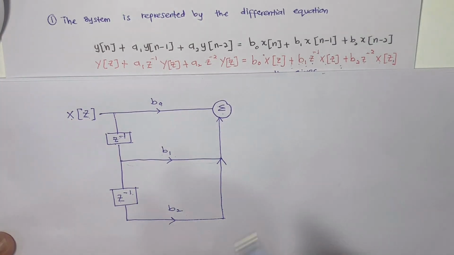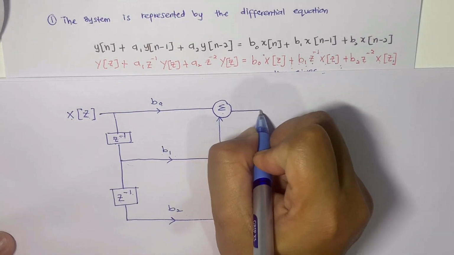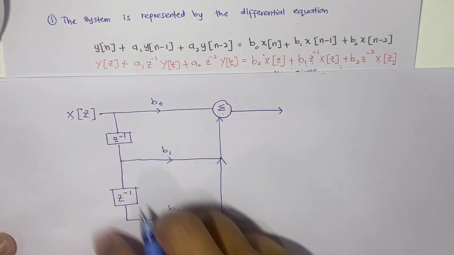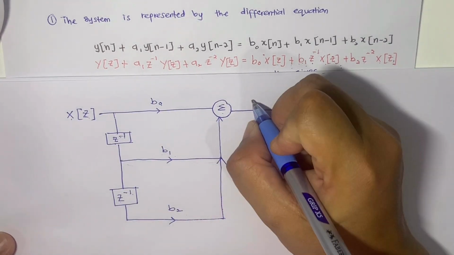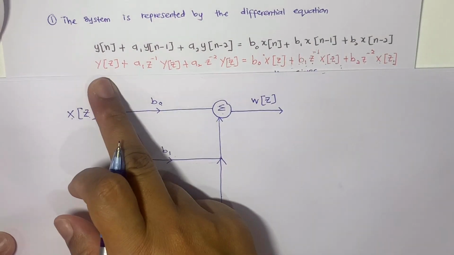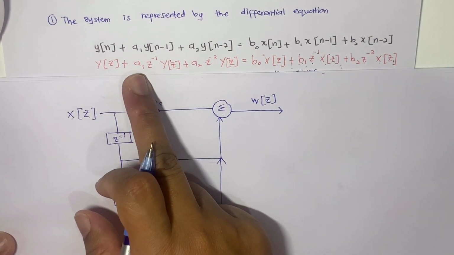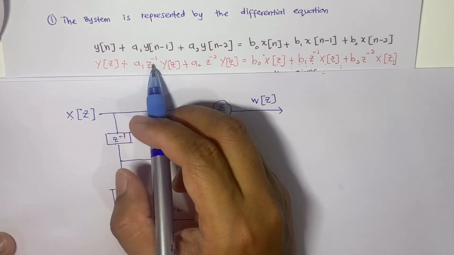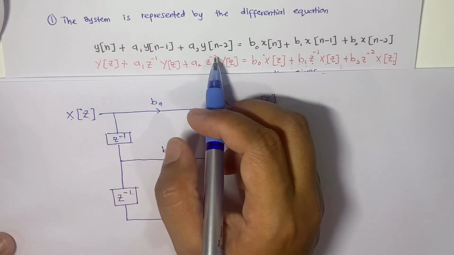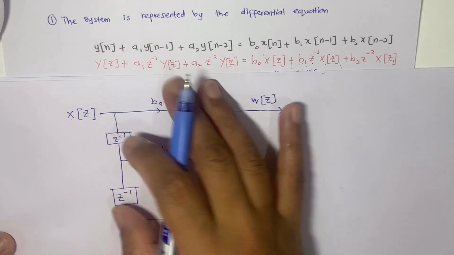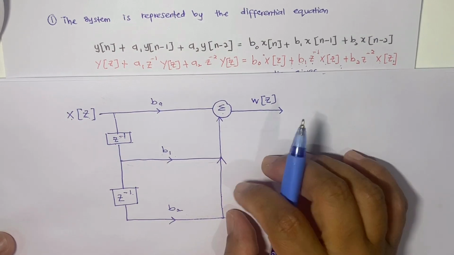And then we're not finished yet. We assume that this is the result of W(z), not Y(z), because Y(z) also has other coefficients here: z^-1, z^-2, a1, a2. You need to consider all of these things to put in your block diagram.